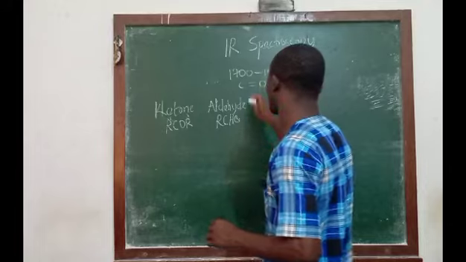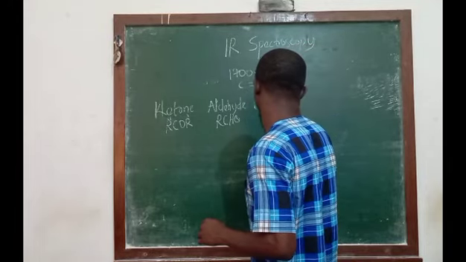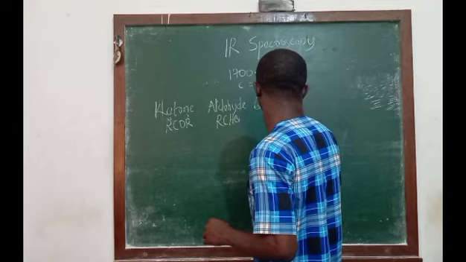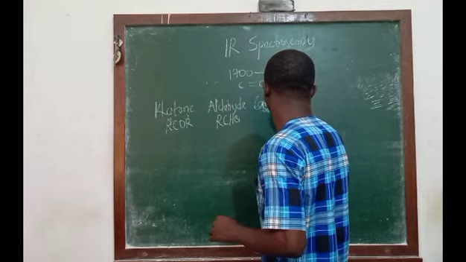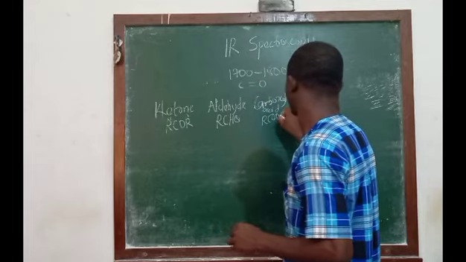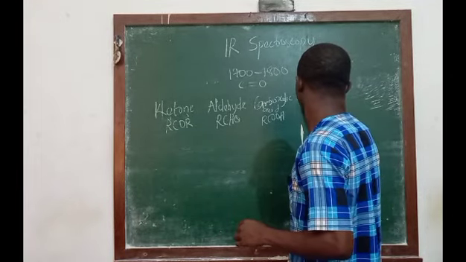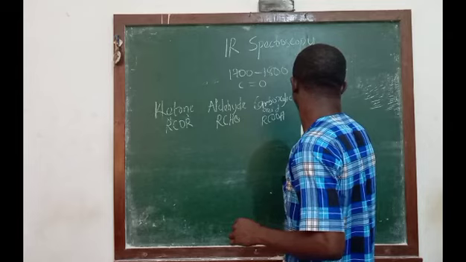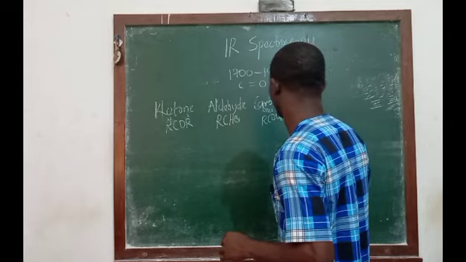Another class of compound that also contains carbonyl is the carboxylic acid, which is RCOOH. Another one that we have is esters, which is RCOOR.